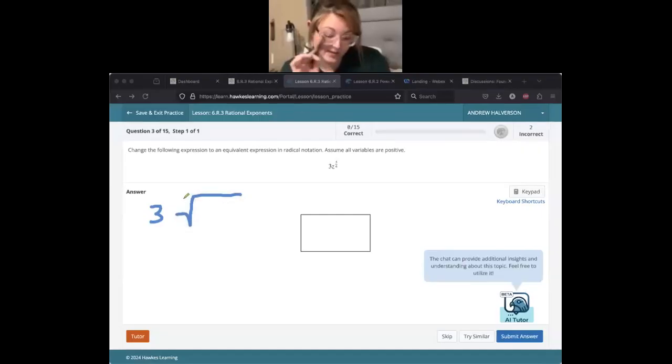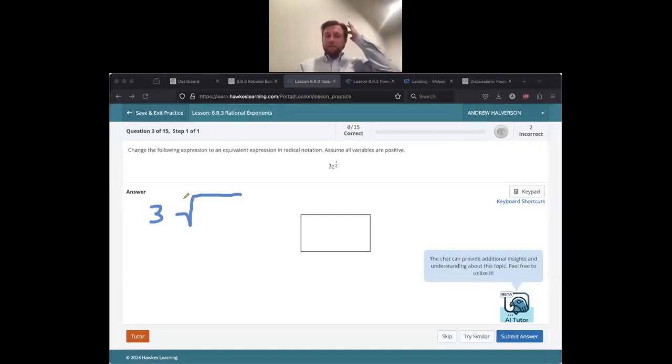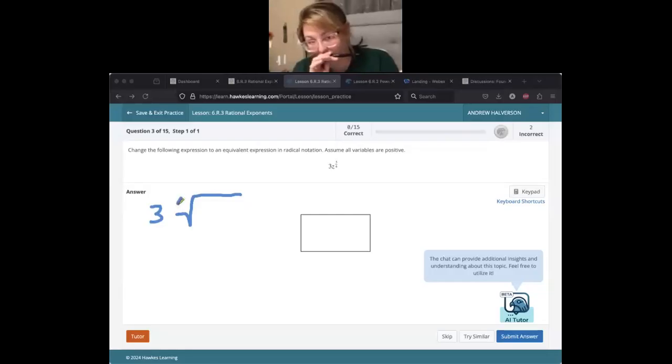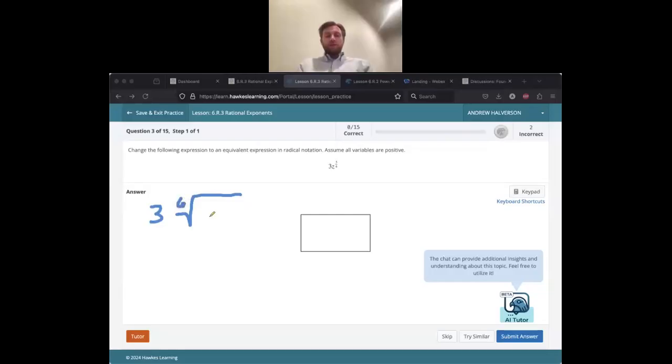Inside of there is z to the 5th power. So it's the 6th root of z to the 5th. Right. Okay, there you go. Without the 6 there, it'd be the square root.